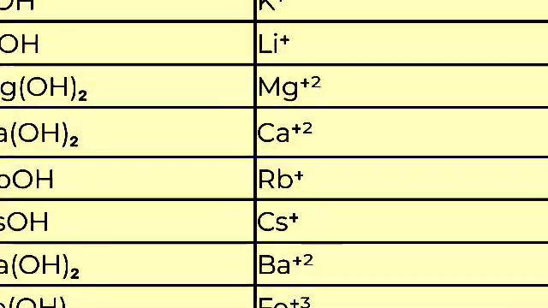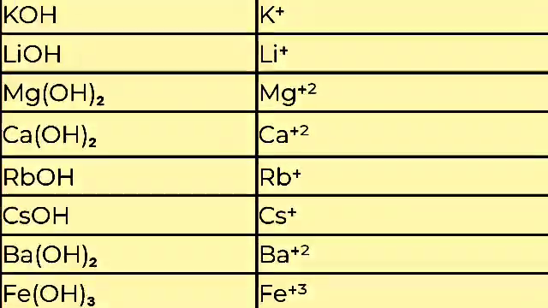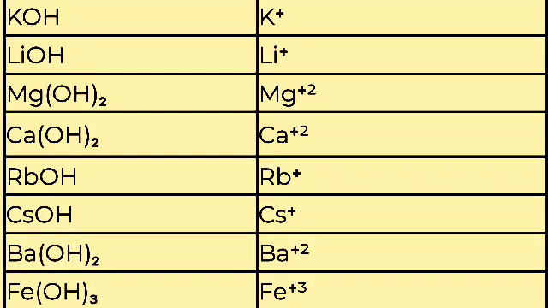Here I have given you some examples of basic radicals. KOH, write the name, potassium hydroxide. When hydroxide ion, OH minus, is removed, K plus is formed, and K plus is called a basic radical because it is obtained from base.